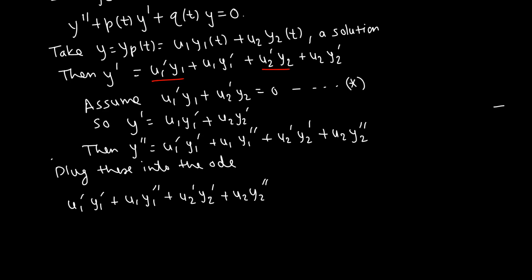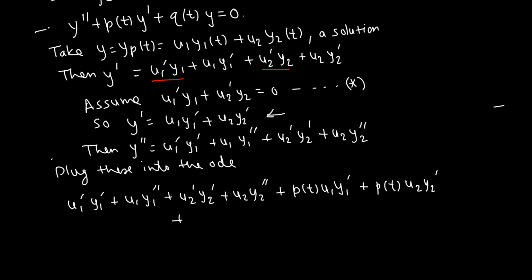So we multiply y prime by p. So p(t) y prime will be then p(t) u1 y1 prime plus p(t) u2 y2 prime plus the third term is q(t) y.